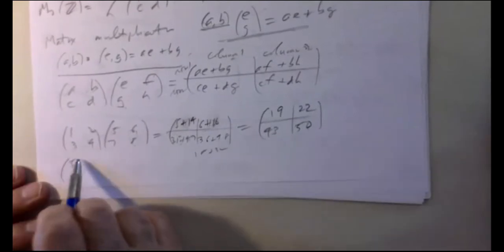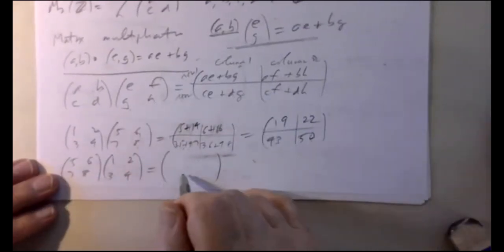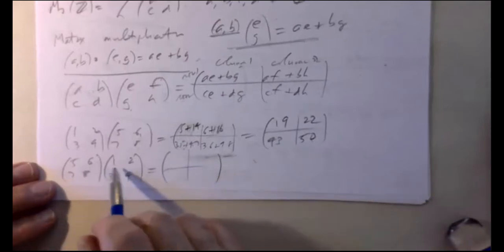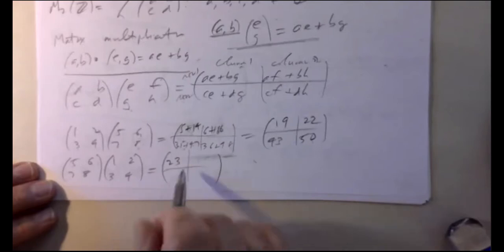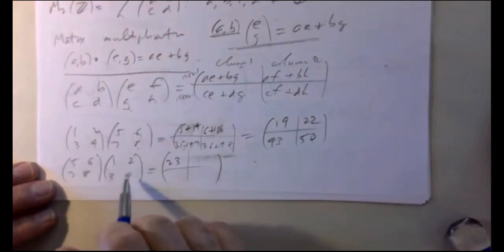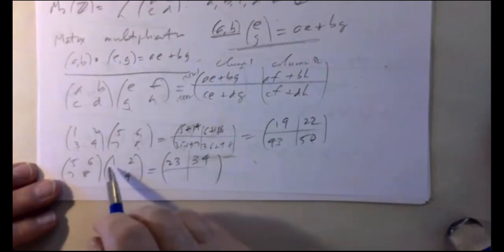Suppose you multiply in the opposite order. The matrix 5, 6, 7, 8 times the matrix 1, 2, 3, 4. So first row, first column, 5 plus 18 is 23. First row, second column is 10 plus 24 is 34.